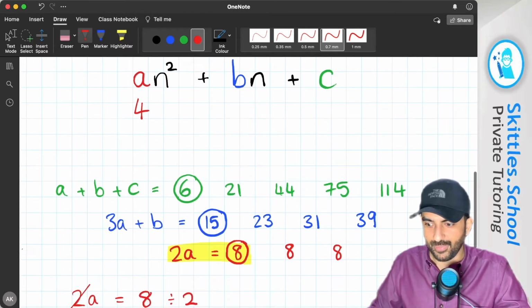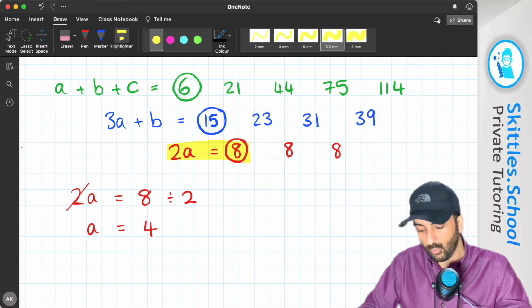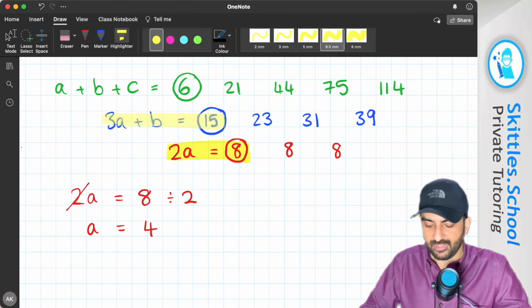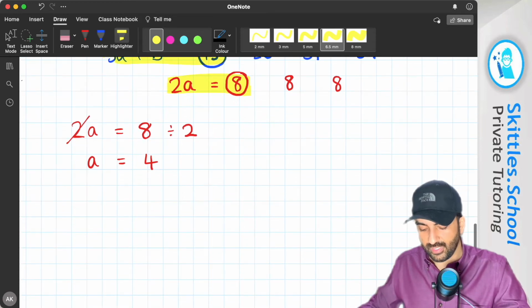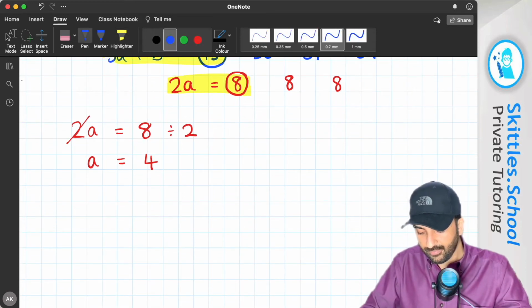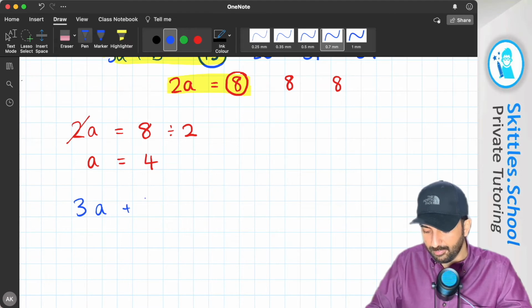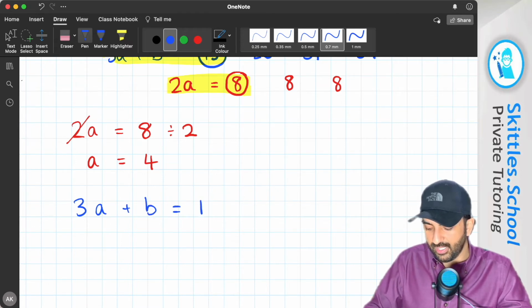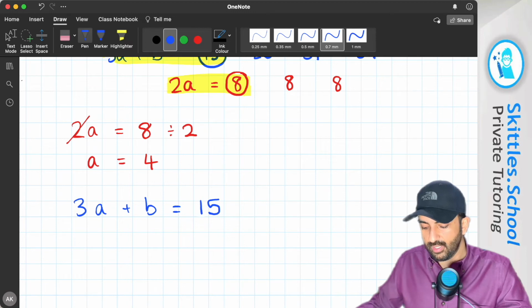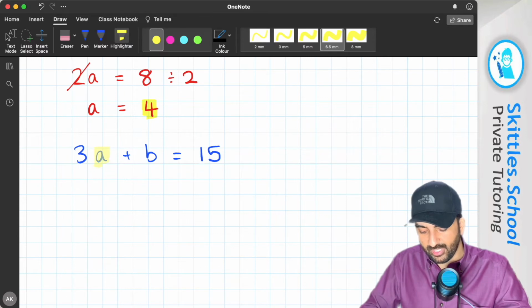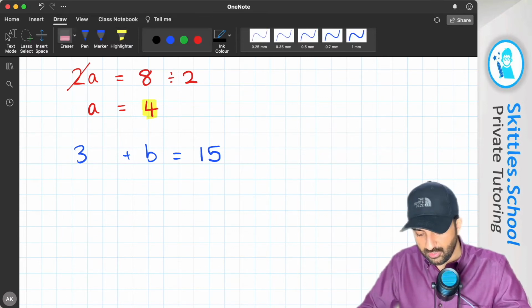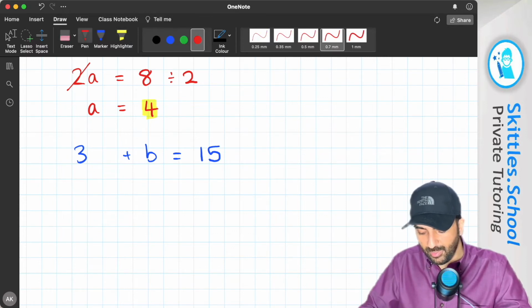Now let's work out b. We know 3a plus b is equal to 15. But we've already calculated a. We know that a is 4, so we can substitute it in here.